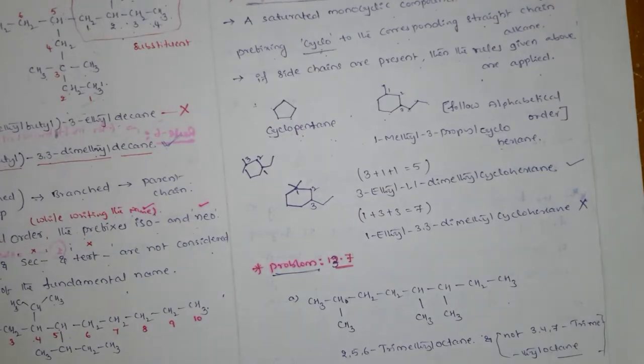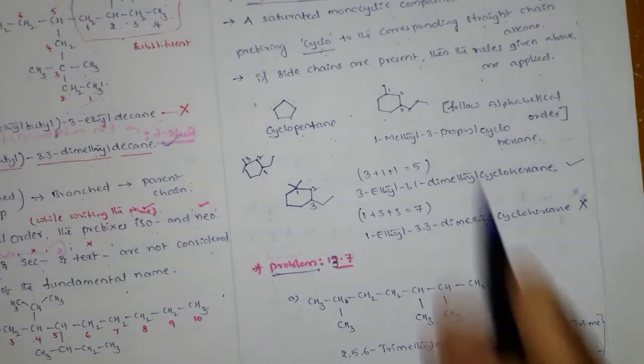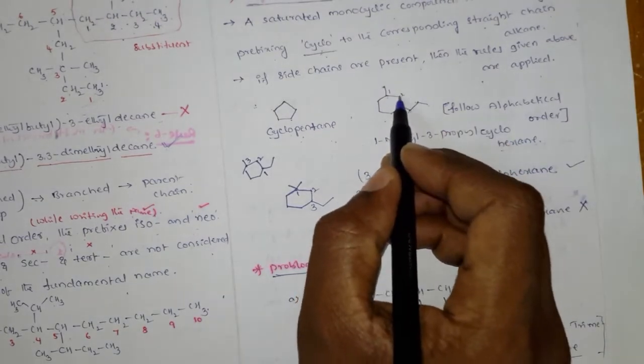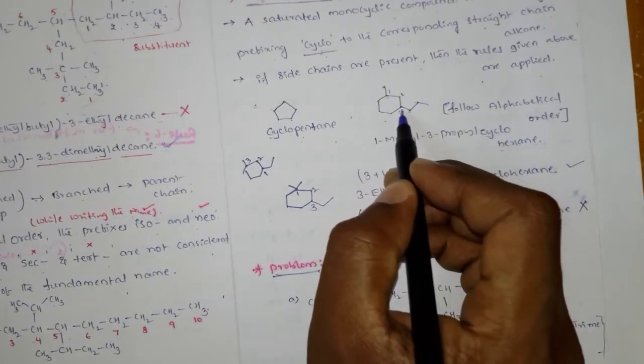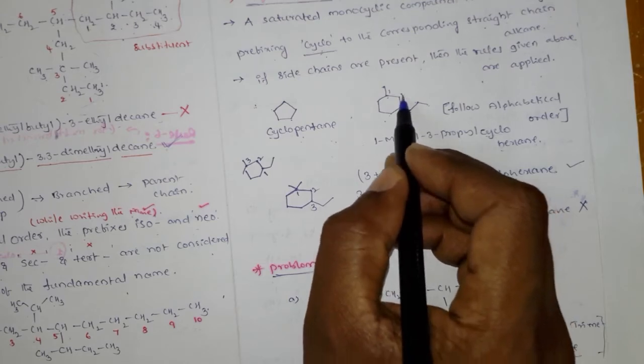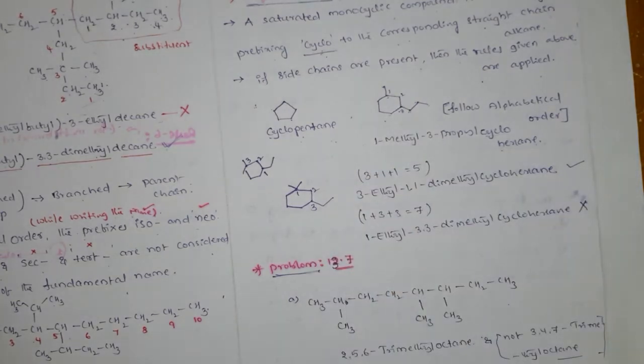When you assign like this, 1 2 3, similarly you can also start from here, 1 2 3. That means numbering in both ways gives the same numbers for the substituents, but which one do you have to take? Are you understanding what I am telling?